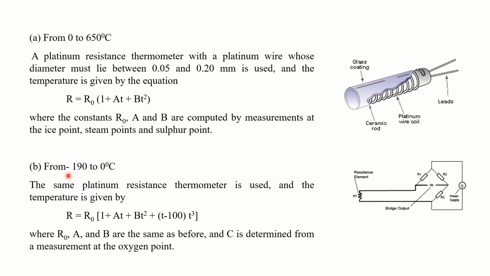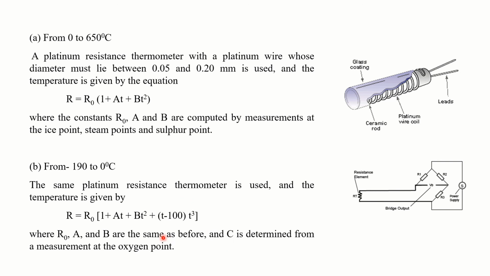Suppose we want to measure from a lower temperature, -190 to 0 degrees Celsius. Then the same platinum resistance thermometer is used. Now this is the calibration equation. R0, A, and B are obtained as before, but there is one more constant.